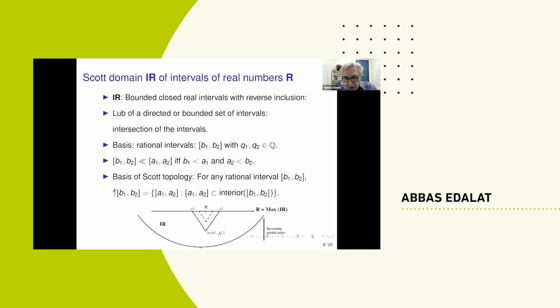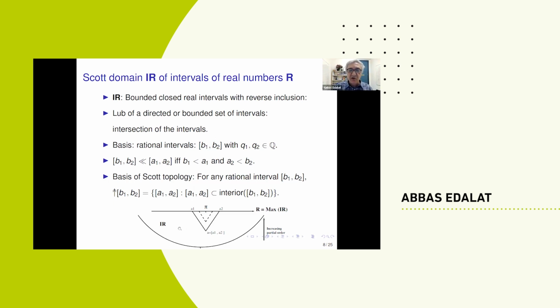So think of it as 3 and 4, the interval 3, 4 is an approximation to the real number pi. And if we go up in the approximation order, we get a better approximation. For example, this point could correspond to 3.1 and 3.2, which is a better approximation to pi.